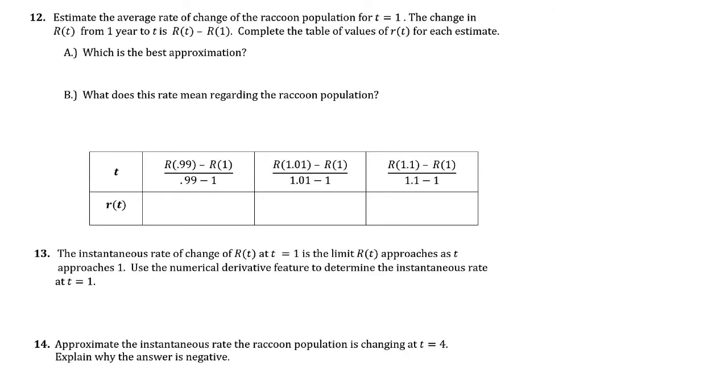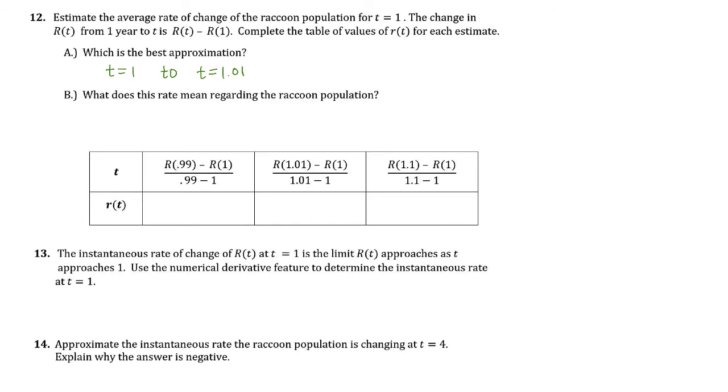The best way to approximate at year 1 would be, if our time frame is T equals 1 and we had to do some kind of estimation, I would let one side of it be 1, and then I would look at our average rate of change from 1 to T equals 1.01. Something of that nature. That should be our best approximation.